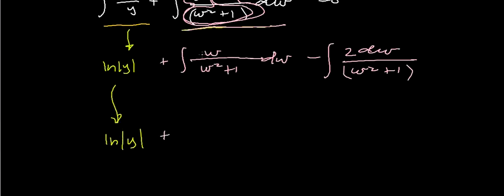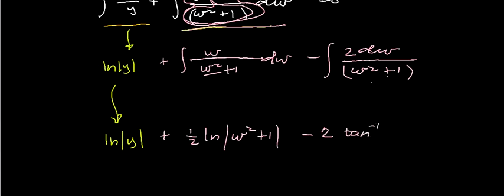So we have plus, the integral of this: the derivative of w squared + 1 is 2w dw, so we have 1/2 ln of (w squared + 1), and then minus 2 times the integral of this part, which is the arctangent of w, then plus c.